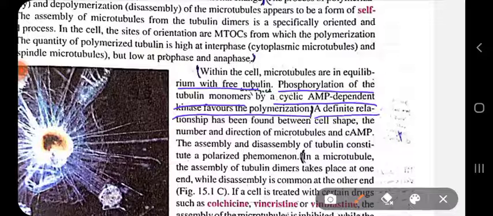A definite relationship has been found between cell shape, number and direction of microtubules, and cyclic AMP. It has been observed that phosphorylation of the tubulin monomers by cyclic AMP dependent protein kinase helps in polymerization of the tubulin monomers to form tubulin dimers, which then associate to form protofilaments.